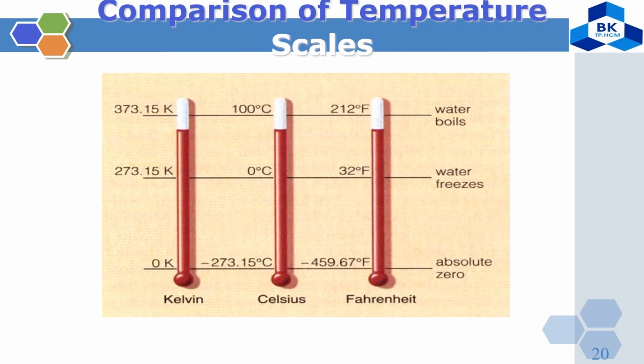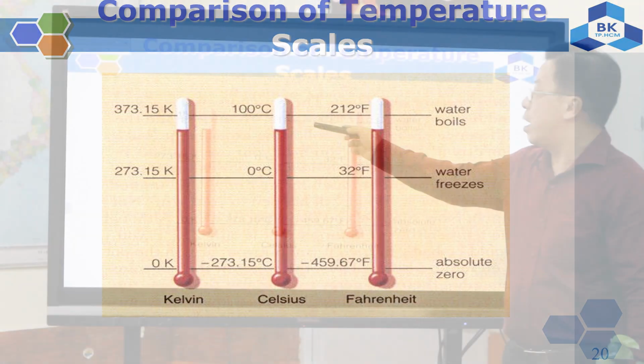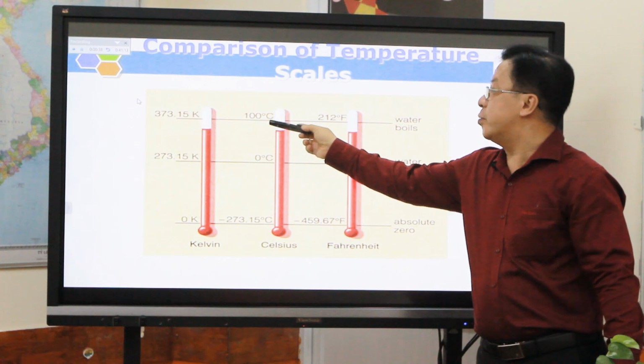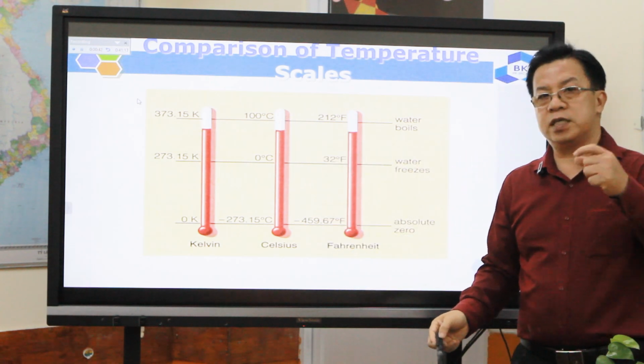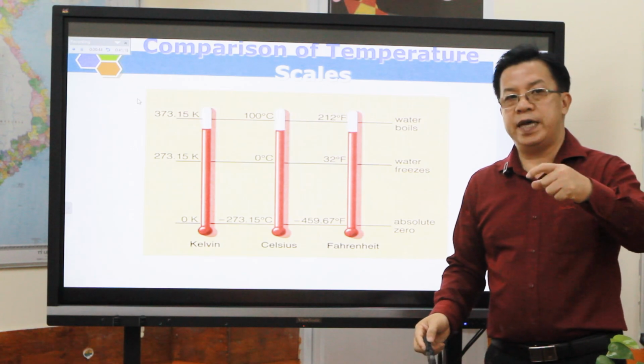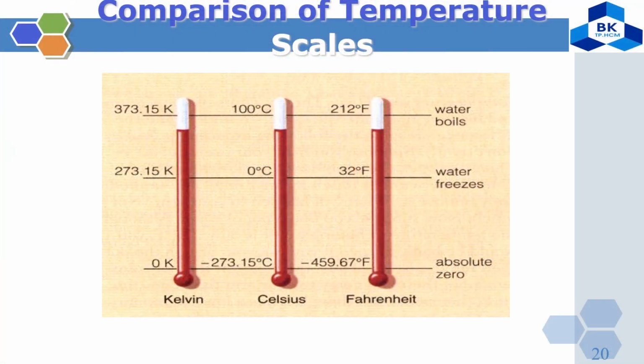It changes from the liquid phase into the solid phase at 0 degrees, at normal atmosphere. And when we bring it up to 100 degrees Celsius, the water boils. It starts to transfer from the liquid phase into the steam or vapor phase.